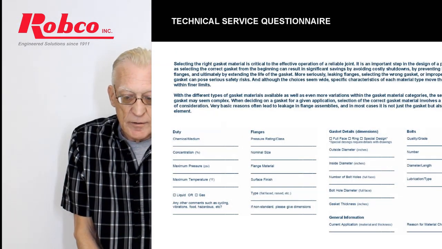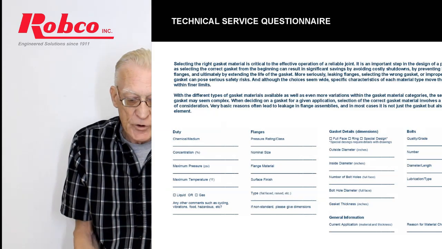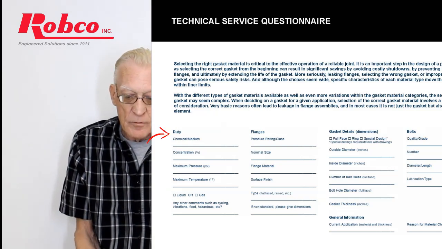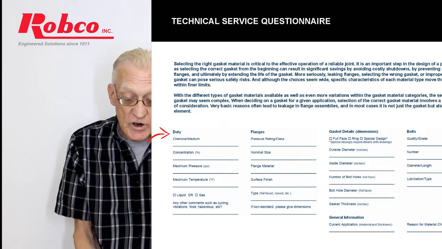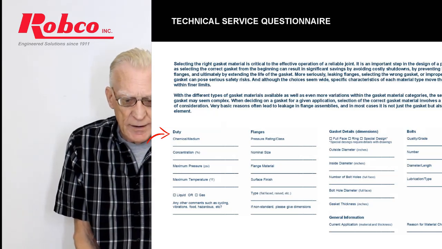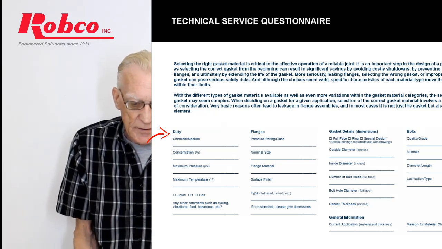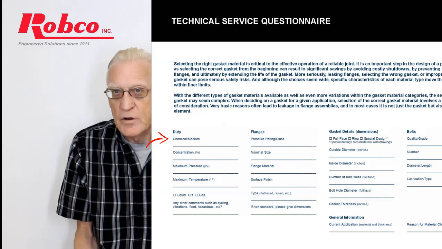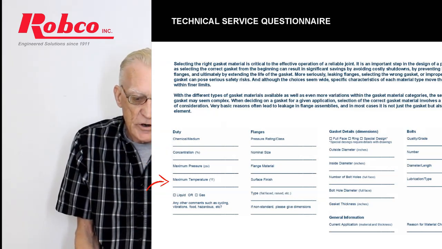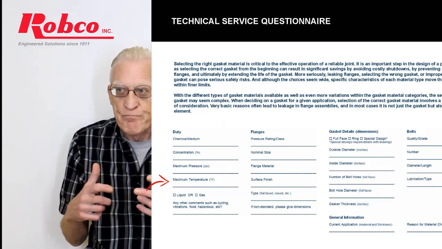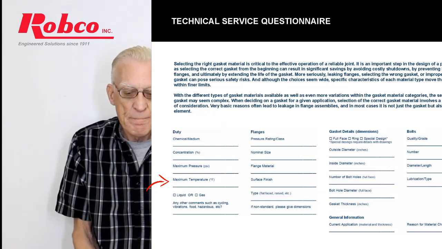We'll look at this service questionnaire, if you want to call it. We'll start with duty, which I like very much because it's, what is the chemical? What is the concentration of that chemical? What is your temperature? That's what we used to call application.